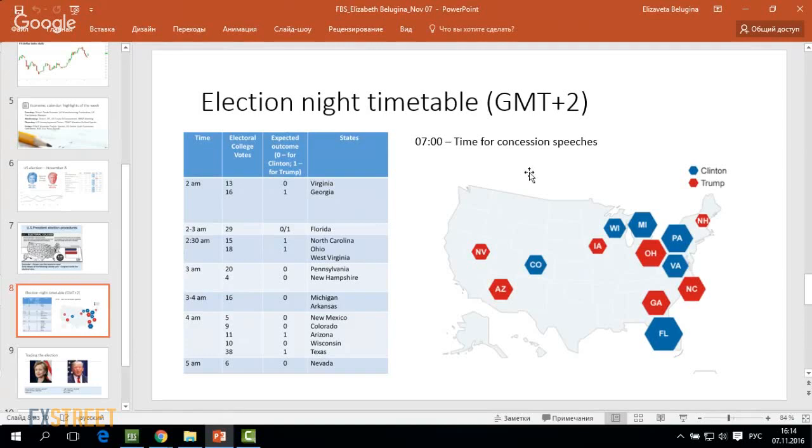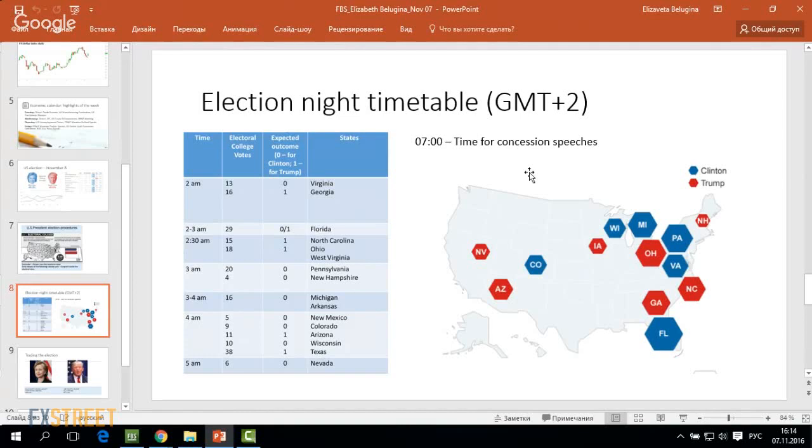All in all, according to the previous experience, the previous two elections in the United States, around 7 a.m. in the morning, GMT +2, the final results are already on the table.